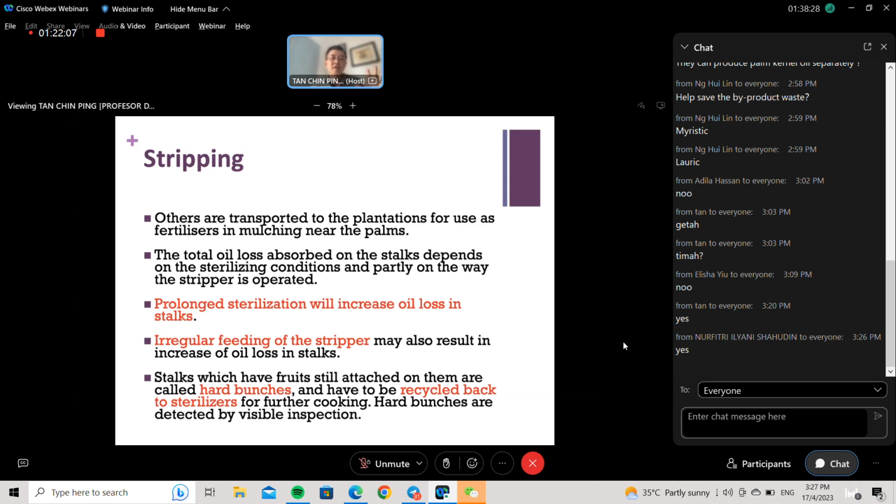Usually we will not be able to store. To have an efficient stripping process, you cannot have too many cooked bunches inside the stripper and let them stir for a long period of time, because then you will have also injury to the fruits, and sometimes before going into the press, the oil leaks out and is absorbed by those empty bunches.